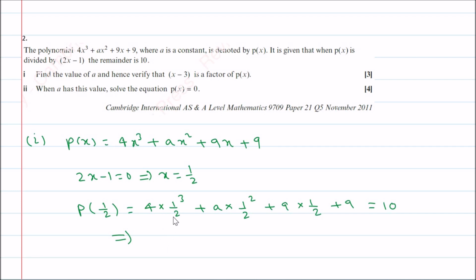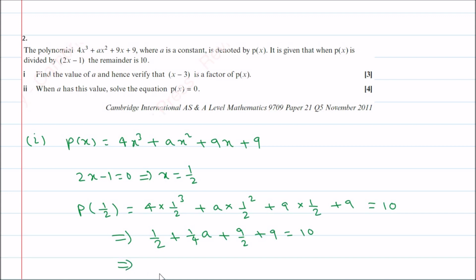So if we simplify, we are getting 1 by 2 plus 1 by 4a plus 9 by 2 plus 9 is equal to 10.